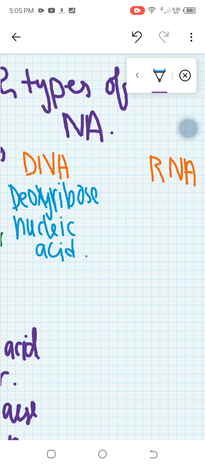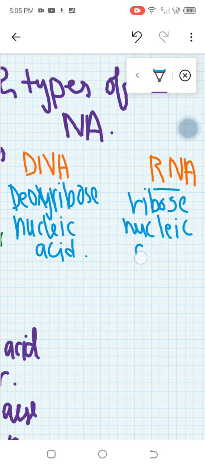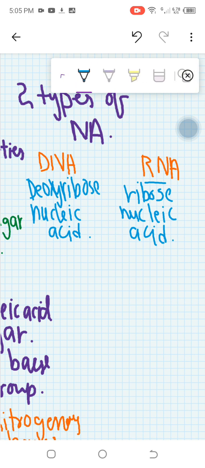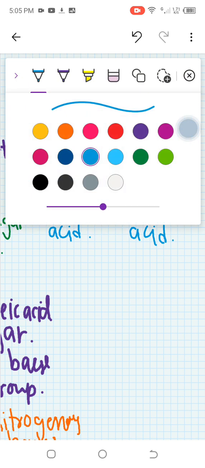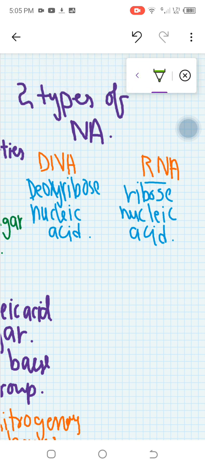And RNA is known as ribose nucleic acid. Now let me draw the structure of both. Here we have the pentose sugar.